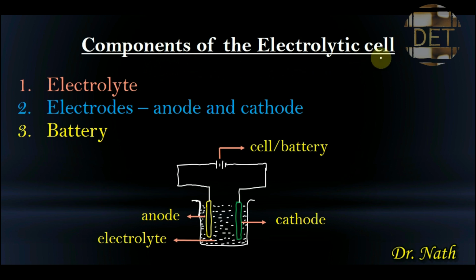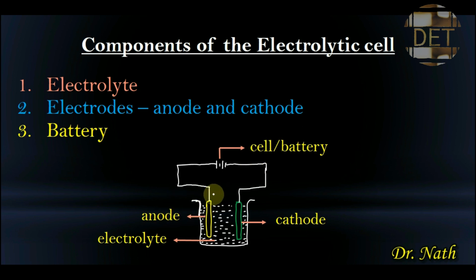The electrolytic cell, as we've discussed before, is made up of three major parts: the electrolyte, the electrodes, and the battery. The electrodes are two: the anode and the cathode. This is the battery that generates the electric current.